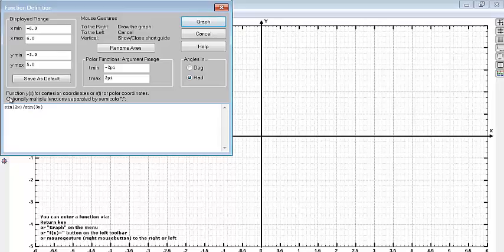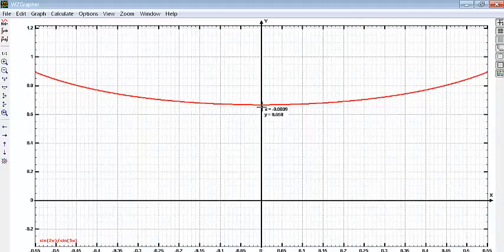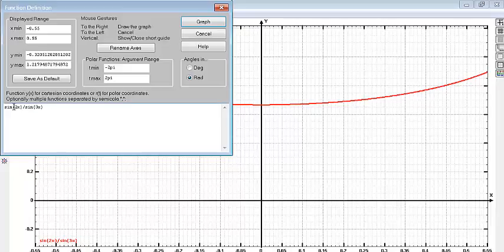And I say graph. So if you zoom in at x equals 0, you can see that the limit is 2/3. But that's actually not what I wanted to show you. I wanted to do the sine of 2x and the sine of 3x and see how they compare.